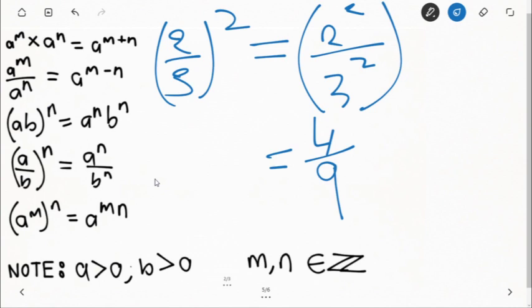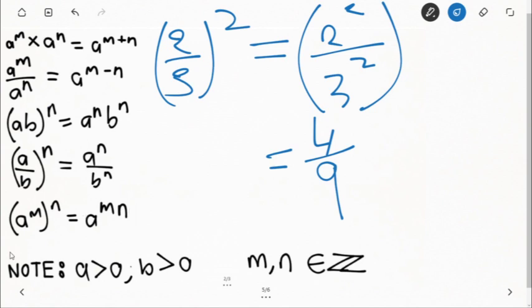And then the last one says that whenever you have an exponent that is raised to another exponent, what you have to do in that situation is multiply the exponents. So this bracket here will act as a multiplication sign for the exponents. So this will be a to the power of n multiplied by n.